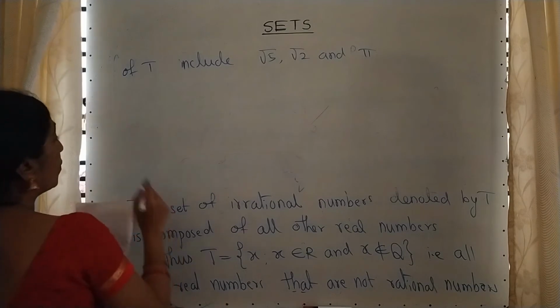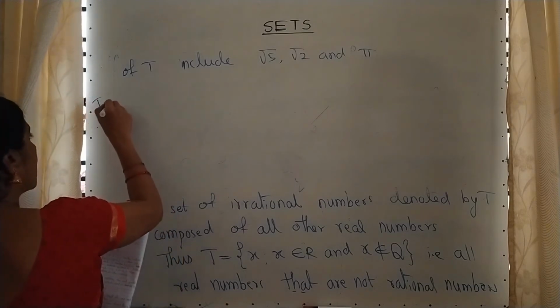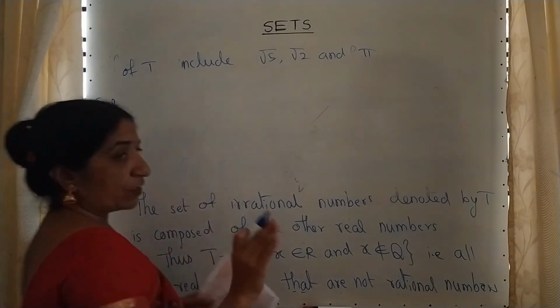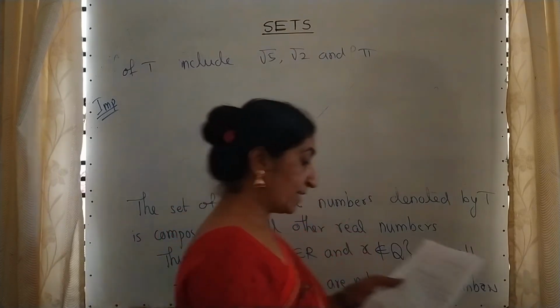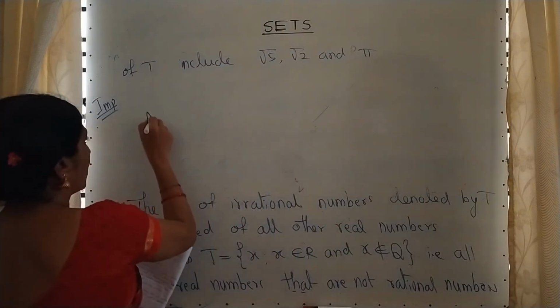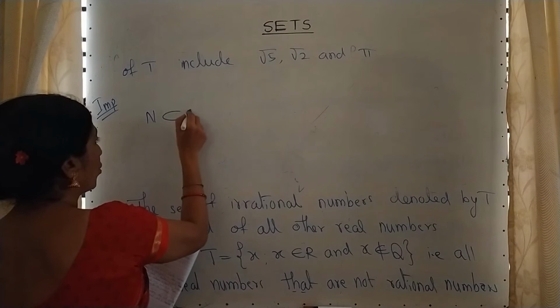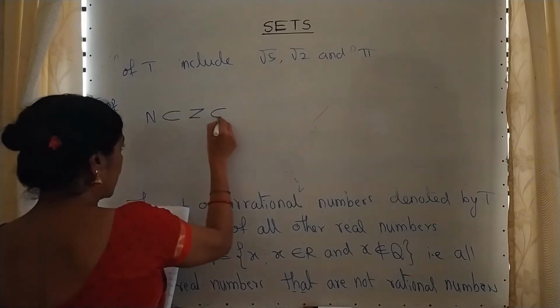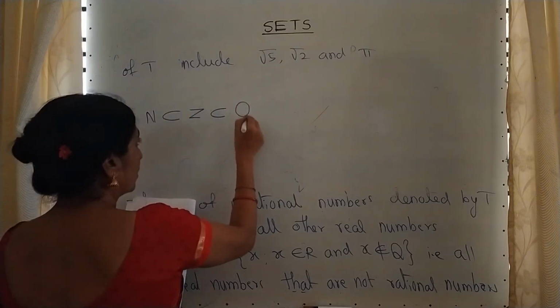And the very important point for CET is, as I already told, the set of natural numbers is the smallest set. That means the set of natural numbers is a subset of integers. Integers is a subset of rational numbers.